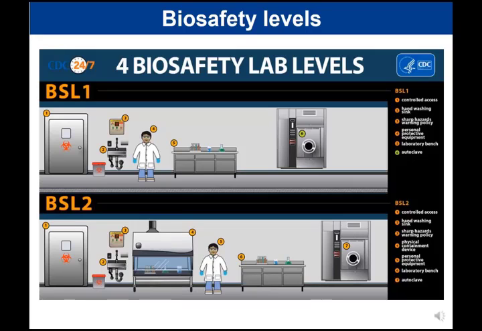For a biosafety level 2, it builds on a lot of the things that we already talked about: a sealed door, a sink, a sharps hazard policy, personal protective equipment, a lab bench. But now we have number 4, which is going to be our physical containment device, which is a biosafety cabinet.